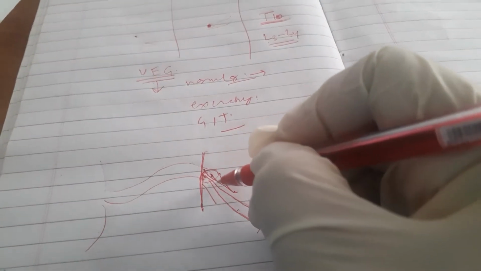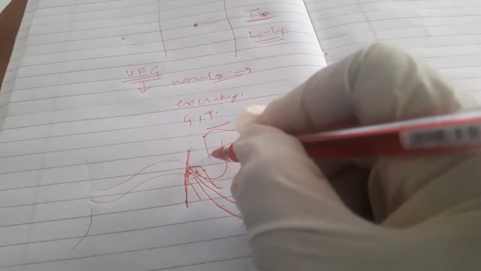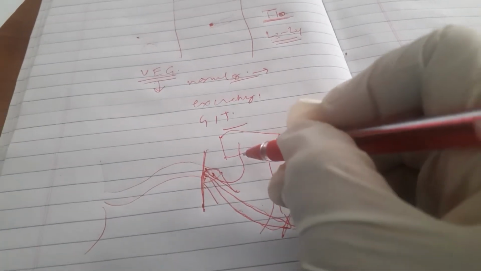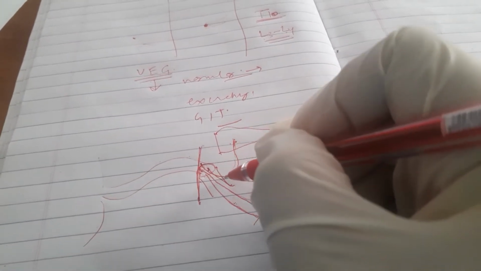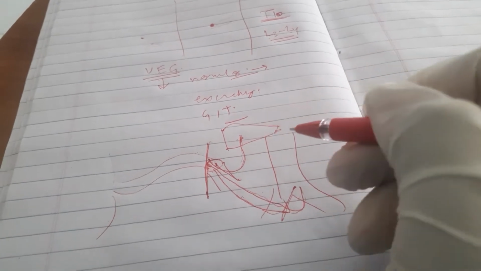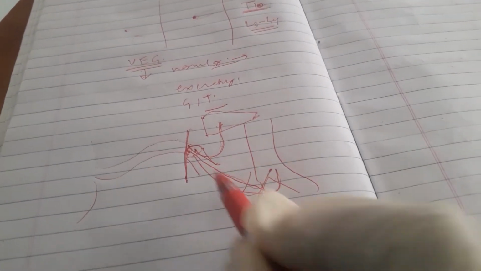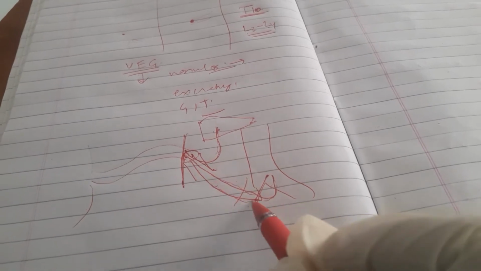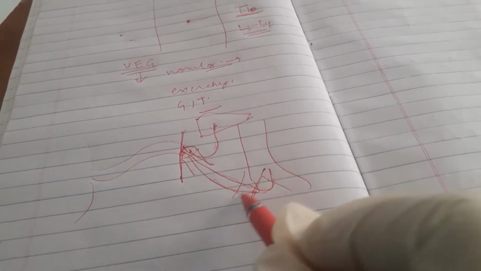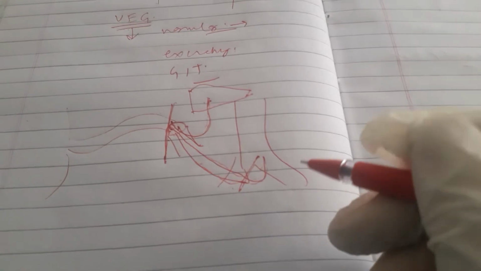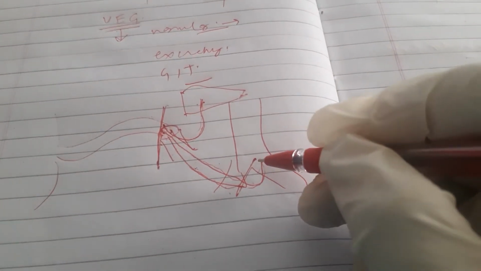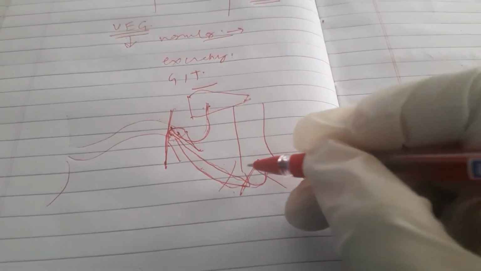And the umbilical vein starts from here and goes to the liver, and here it forms the ductus venosus in the embryonic age. Afterwards, after birth, it converts into the ligamentum venosum. The right and left umbilical arteries will remain as the medial umbilical ligament, and the proximal part converts into the superior vesical artery.